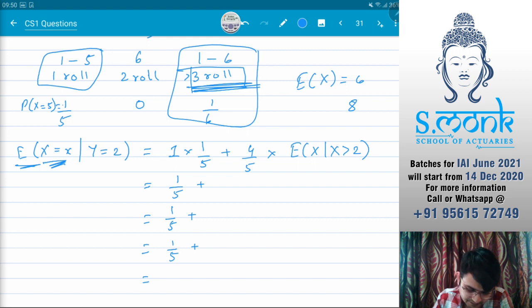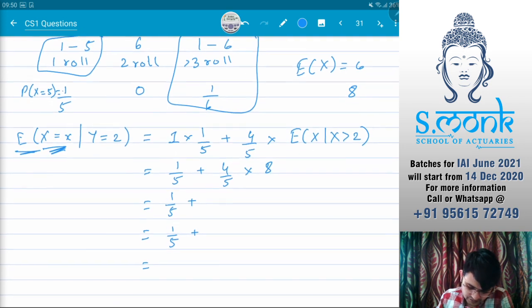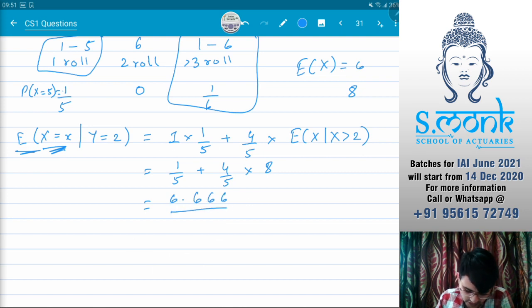Therefore we are getting 4 by 5 times 8, and that is giving us 6.66. I was just trying to figure out how we would write the probability for this. That was the problem.